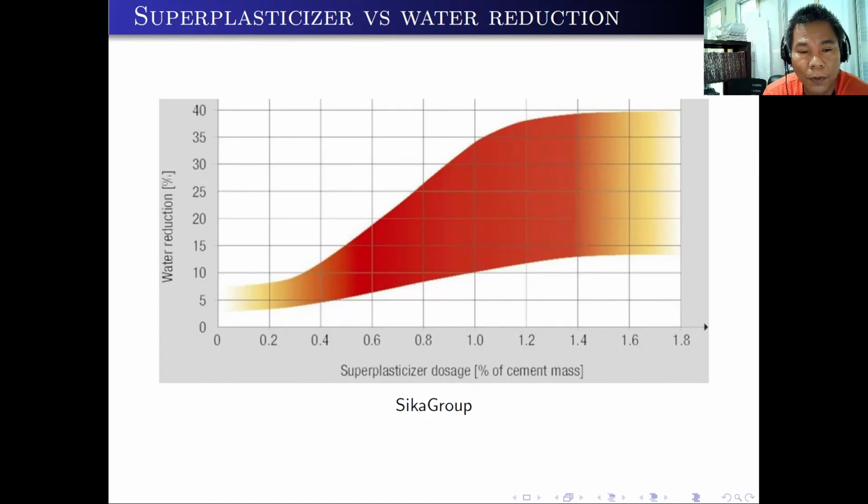And if it is 0.4, that's around 0.8. The mean value, 0.6, the mean value is around 12 or 12.5% water reduction. So as you increase the dosage of the superplasticizer, you will see that you will also increase the water reduction. That's the effect of the superplasticizer.